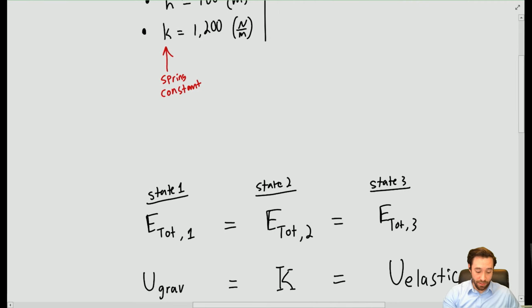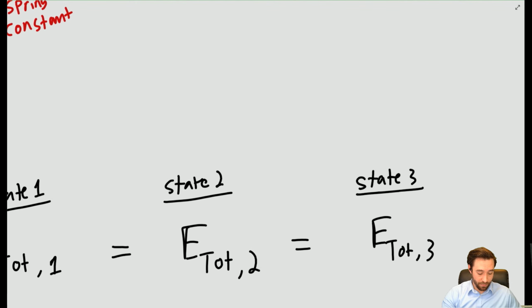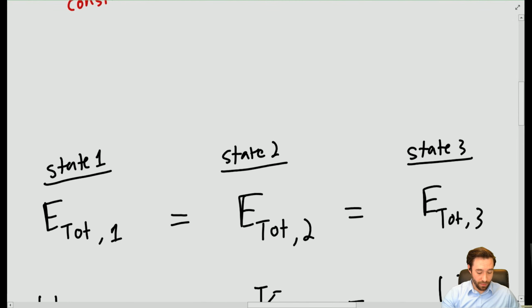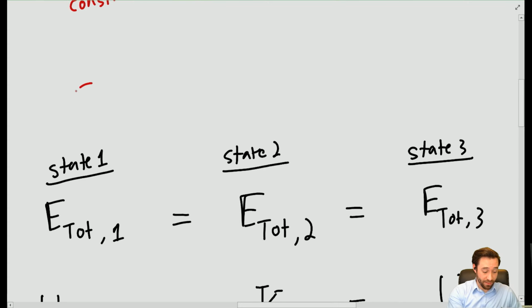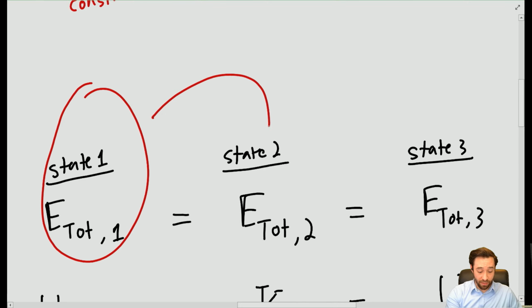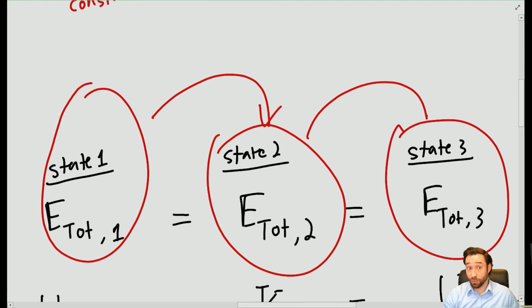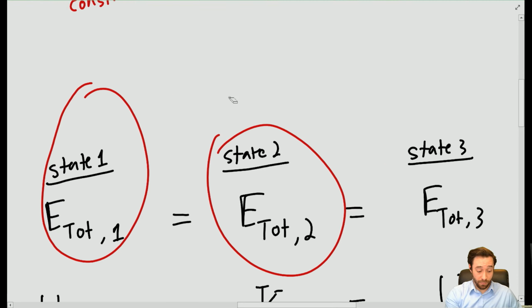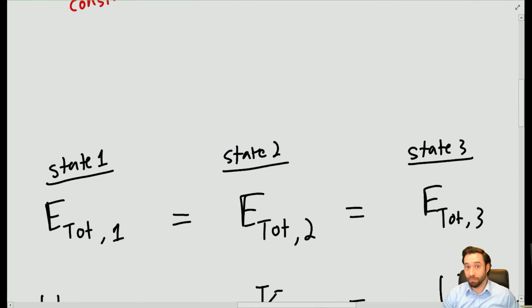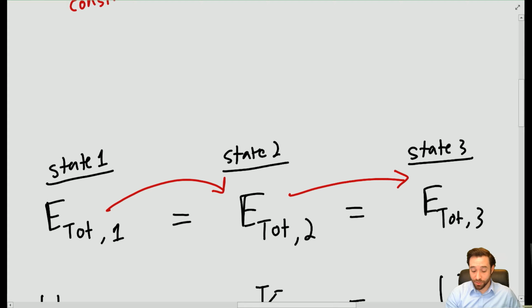So what that means is the total amount of energy that I start with at state 1 equals my total amount of energy at state 2, and then equals the amount of energy that I have at state 3. So this is how I represent it mathematically. Energy at state 1 equals energy at state 2, and that's also equal to energy at state 3.